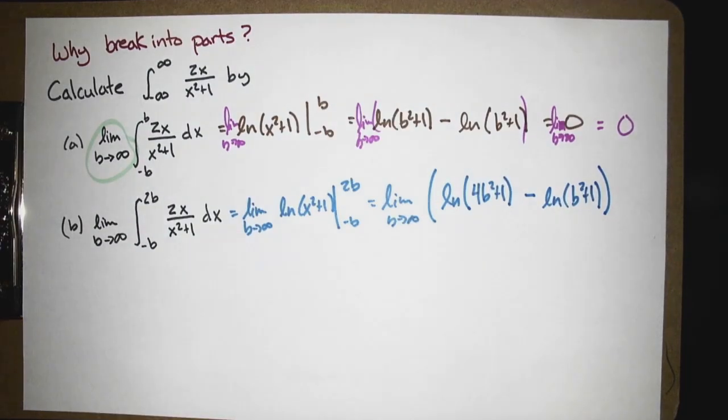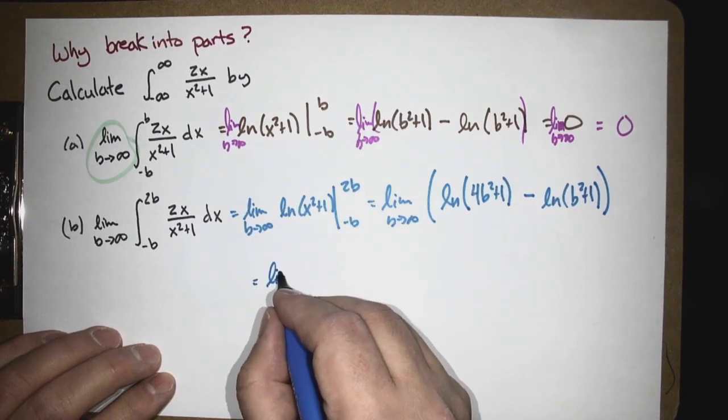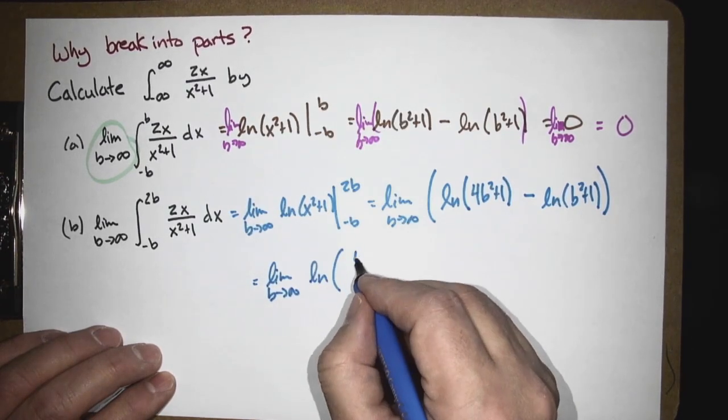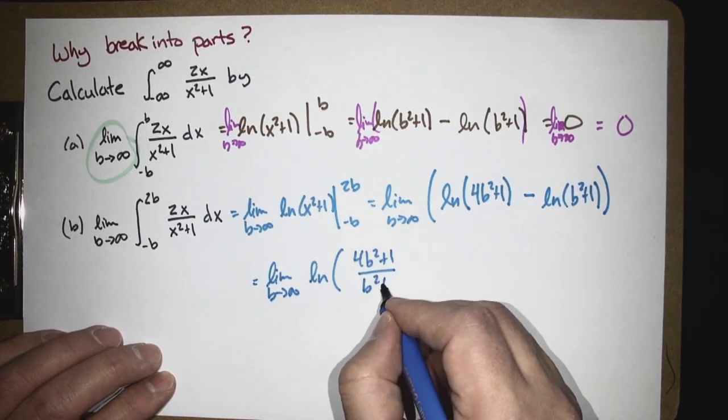Now here we have a log minus a log. When we have log minus log, what can we do? Yeah, it becomes division. So this is our limit as b goes to infinity, log of 4b squared plus 1 over b squared plus 1.